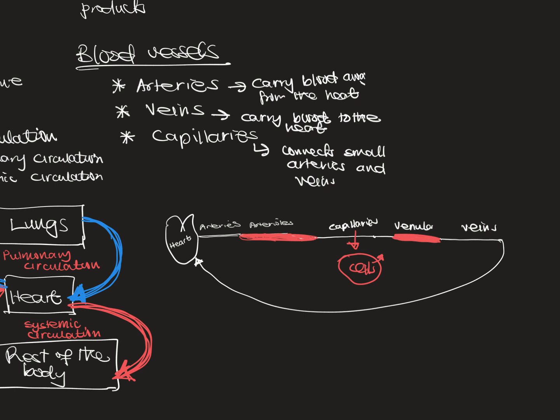So the cell releases carbon dioxide. This carbon dioxide is taken up by the capillaries. It moves to the venules, to the veins, and to the heart. From the heart, then to the lungs again for oxygenation, and the lungs eliminate carbon dioxide. Okay?